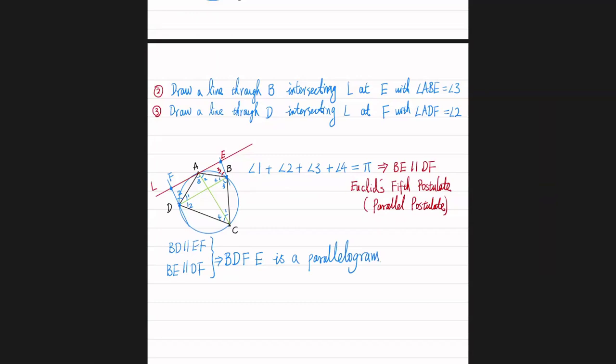Since this is a parallelogram, we know that the opposite sides have the same length. Okay, we're almost there for the Ptolemy theorem.